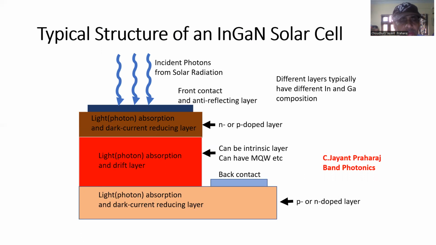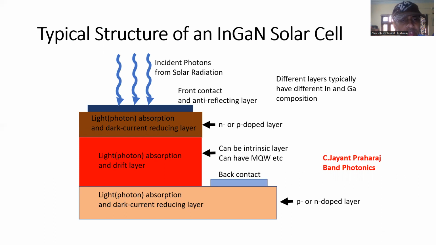We want these photo-generated electrons and holes to drift under the influence of an electric field, and that is the so-called drift layer. Now, where does this electric field come from? Well, there are built-in electric fields in semiconductor devices. For example, if we have an N-type doping on one side and a P-type doping on the other side, we can have a so-called depletion layer, which has a built-in electric field, and that can be the drift layer that we use in these solar cells.